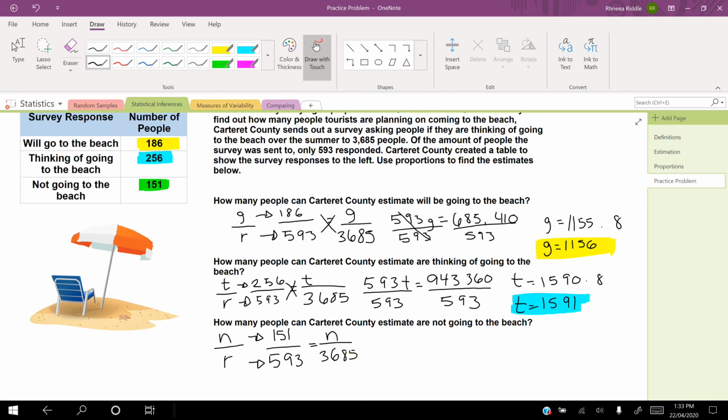So just like the times before, we're going to cross multiply these. 593 N is equal to 151 times 3,685, which gives us 556,435. We're going to divide both sides by 593.